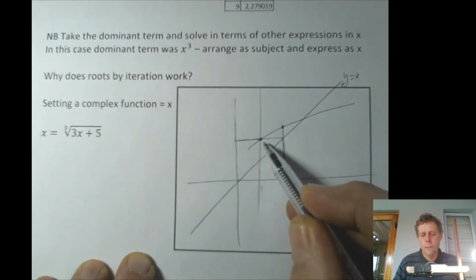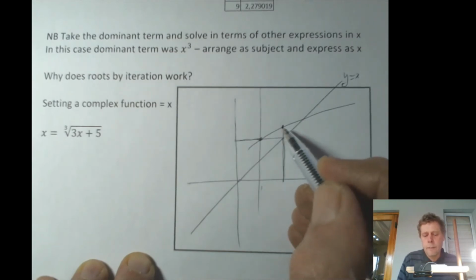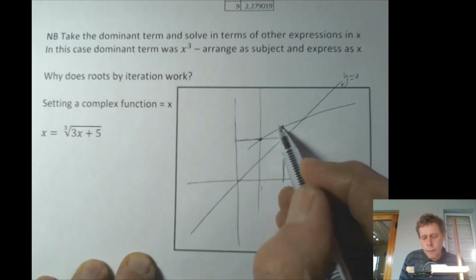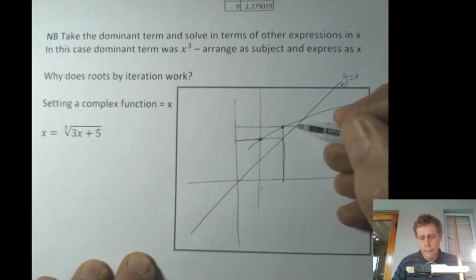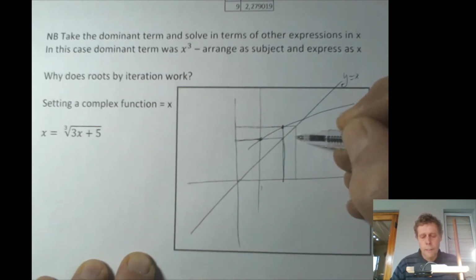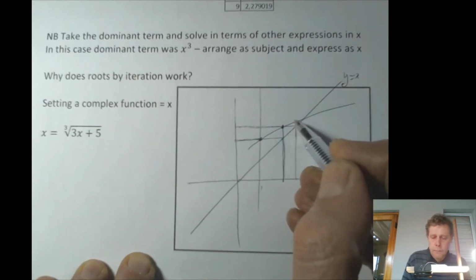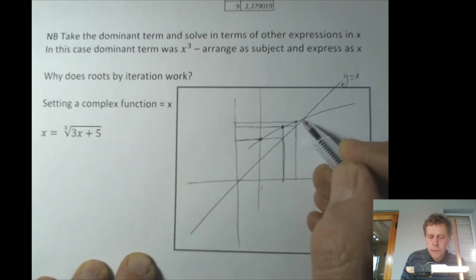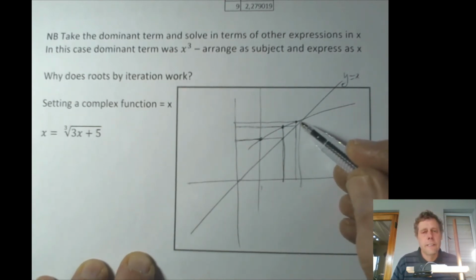So now I've moved a little bit closer to where these two are going to meet. Now I work out a y value, but that y value becomes my x value. Here's my new x value. But now I put my x value into my y, and slowly but surely I'm moving closer and closer to the actual root.